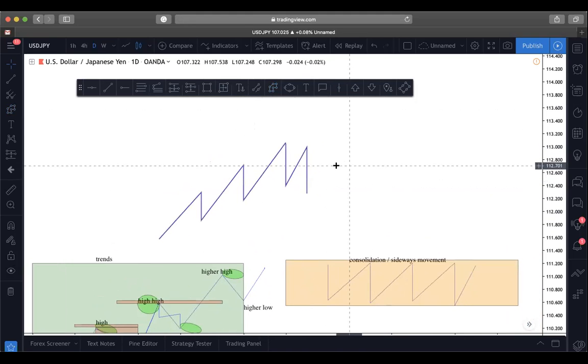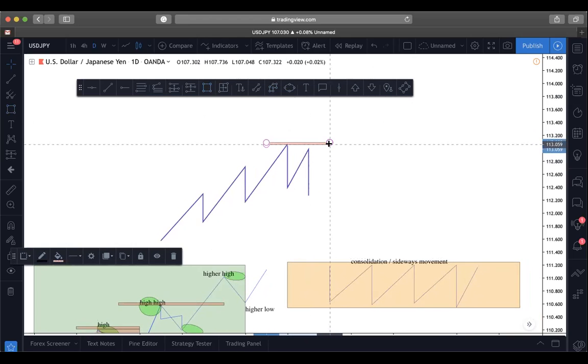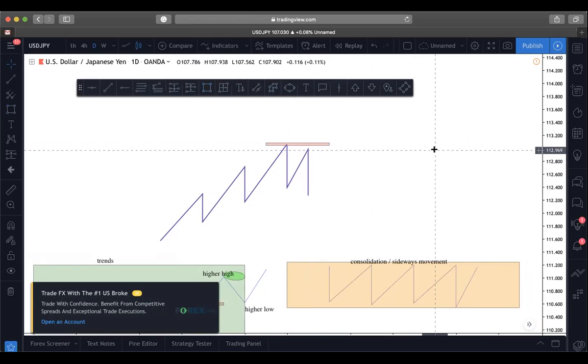Now, from observation, you could clearly see that the market did not make a higher high, right? It did not make a higher high. Now we know this because obviously the market did not come above this high. I'll just draw a line here, right? Obviously the market did not come above that high, right?